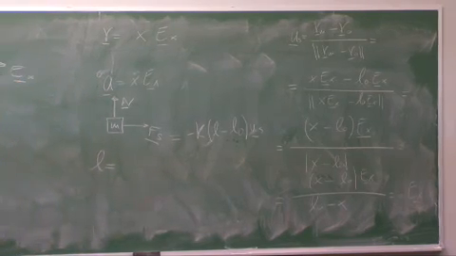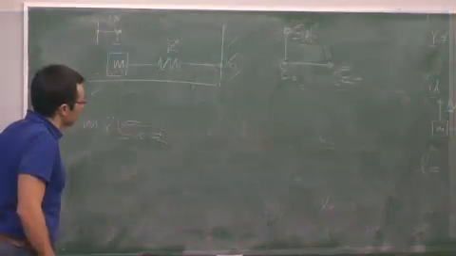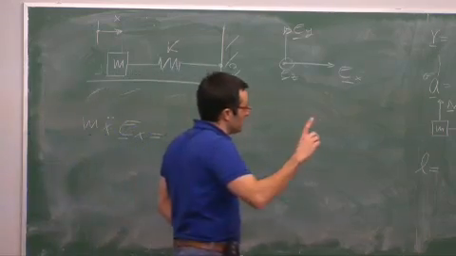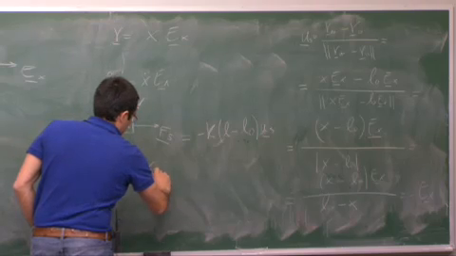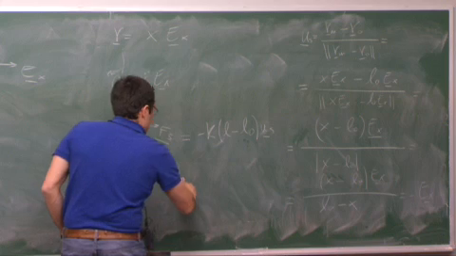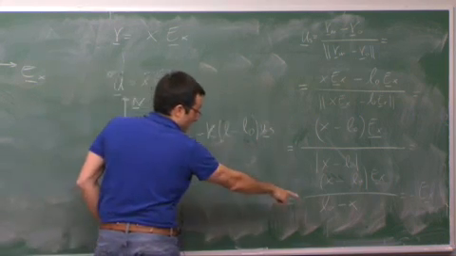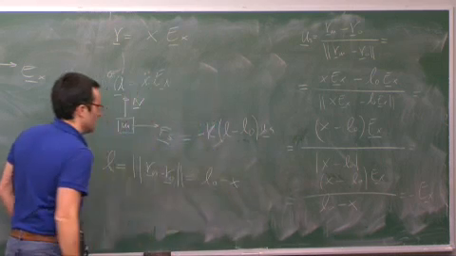Sorry. What is L? Length of the spring. I defined it to be the magnitude of that vector, right? So I don't need to redo it. But the magnitude of that vector was L0 minus x. Right, okay.